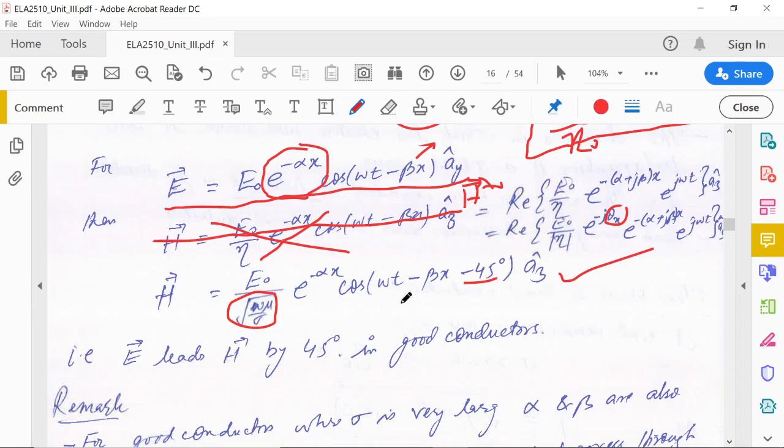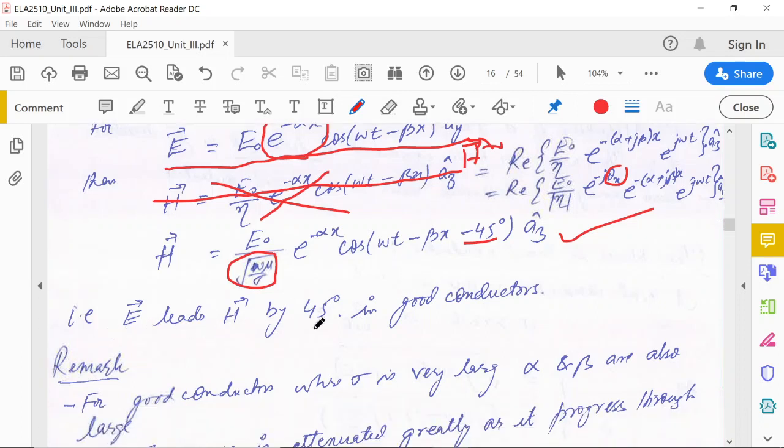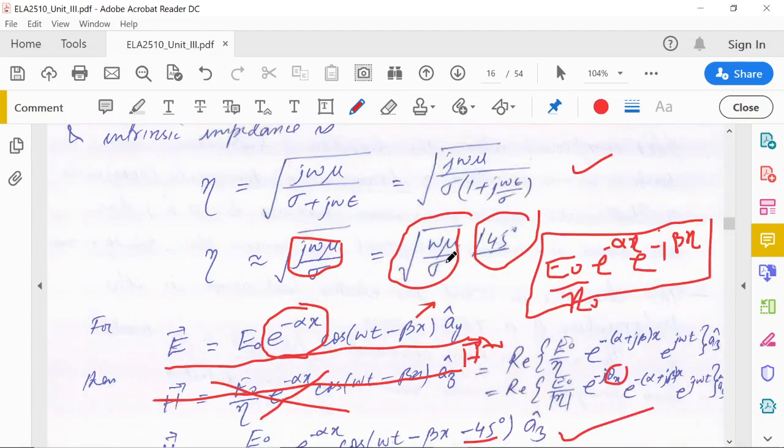So this waveform has the same variation but is out of phase with E. Previously, for the lossless or good dielectric, they had the same phase. Here E leads H by 45 degrees in a good conductor. This is important: they will not be in the same phase, but offset by 45 degrees in a good conductor. So this is an important result.